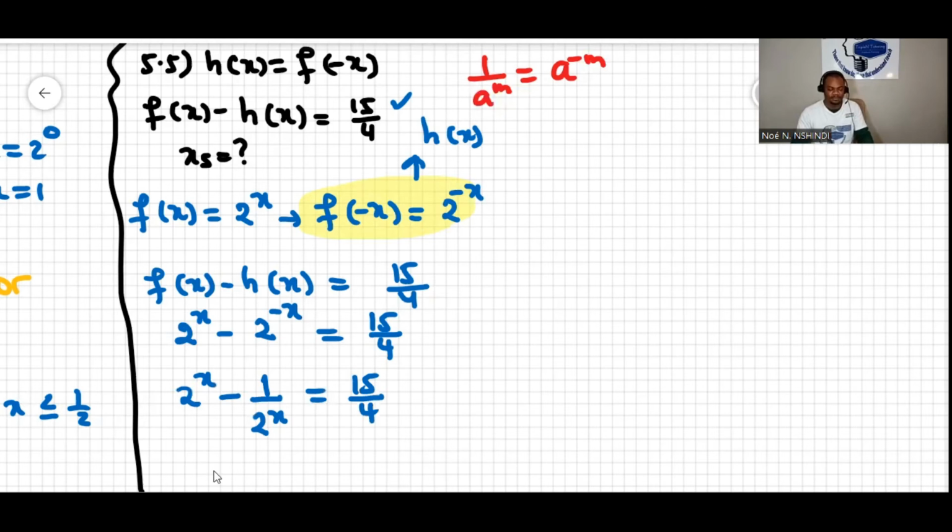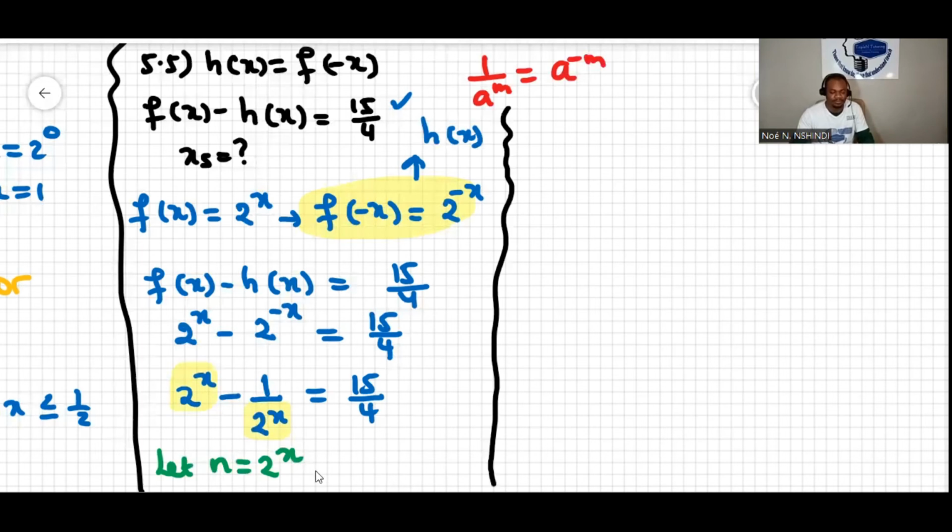Then I prefer to write it with a common denominator, or maybe I can introduce something new. Let's say 2 to the x equals n, for instance. Let n equal 2 to the x. So this will become n minus 1 over n equals 15 over 4.